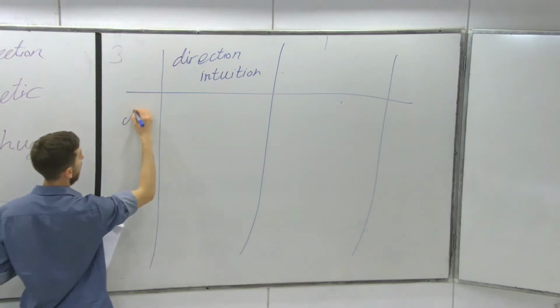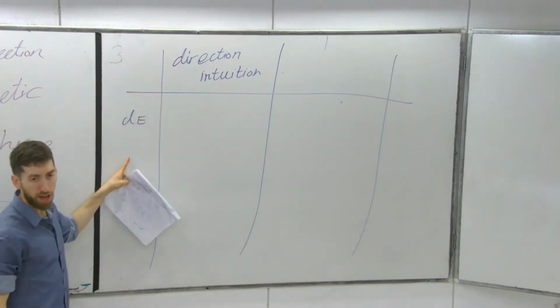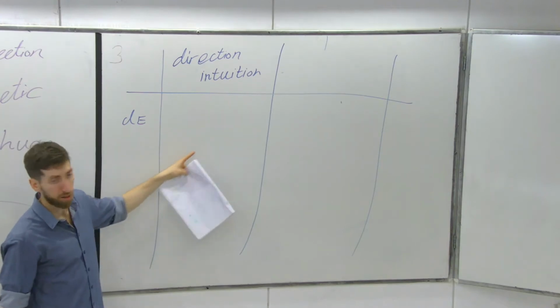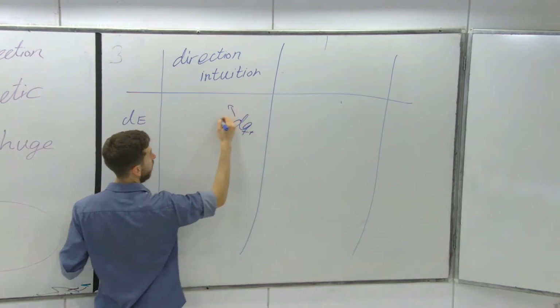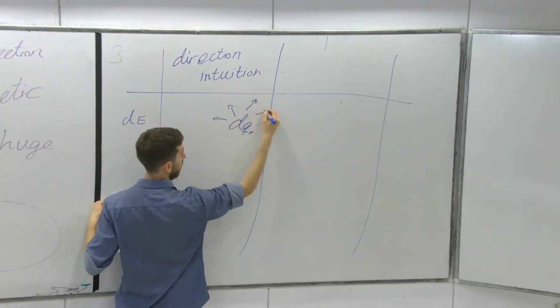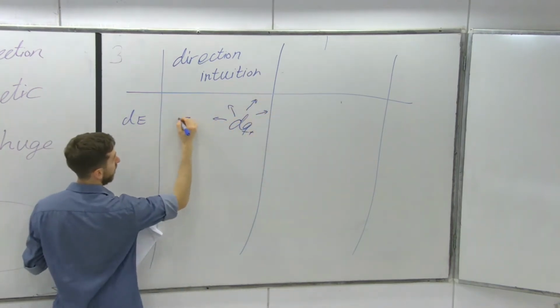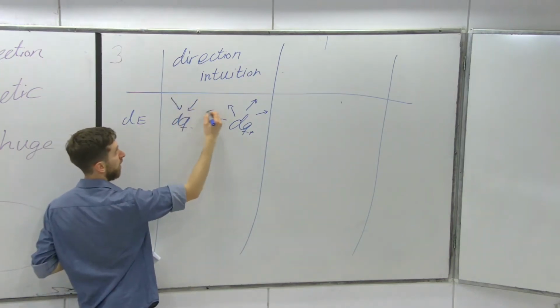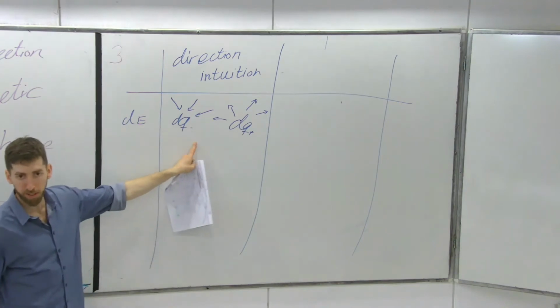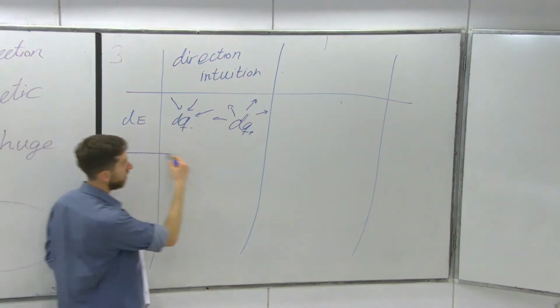What did we do to find the direction of E? We had the rule about charge, right? We know that if we have some positive charge, it's going to repel the electric field, right? And if we have some minus charge, it's actually going to suck in the electric field, right? Remember that?